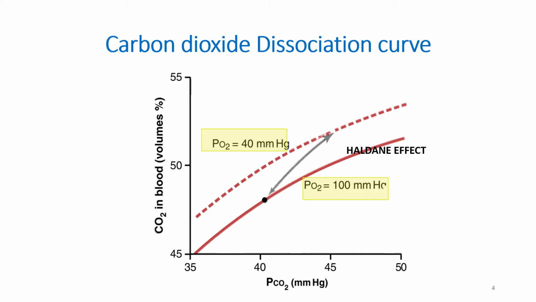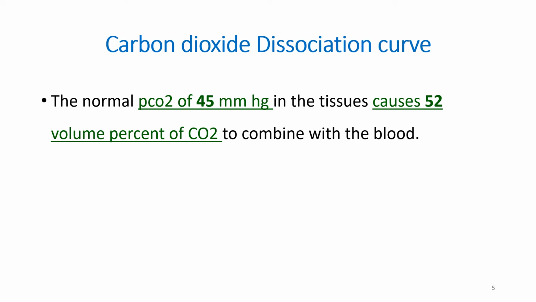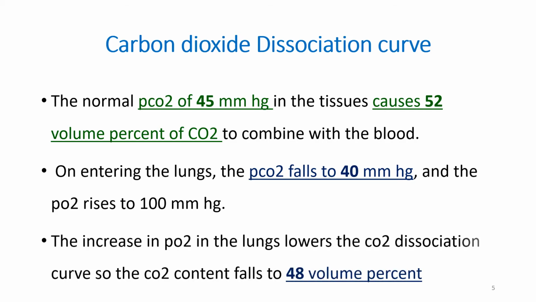Now how will we write this concept in our answer sheet? Here you can write that the normal PCO2 of 45 millimeters of mercury in the tissues causes 52 volume percent of carbon dioxide to combine with the blood. On entering the lungs, the PCO2 falls to 40 and the PO2 rises to 100. So the increase in PO2 in the lungs lowers the carbon dioxide dissociation curve so that the carbon dioxide content falls to 48 volume percent.